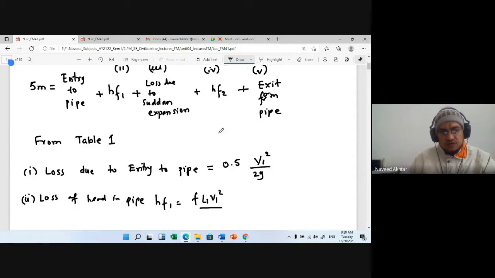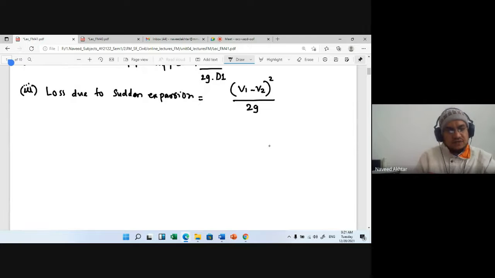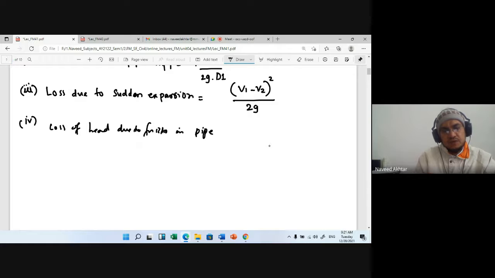Then hf2, again the friction loss in pipe number 2, loss of head due to friction in pipe 2, that is hf is equal to f L2 V2 square upon 2g into D2.